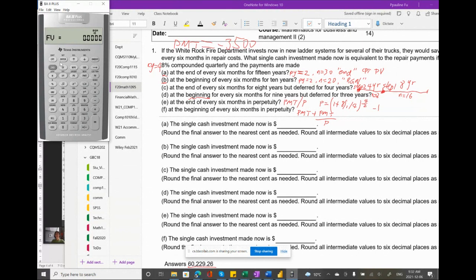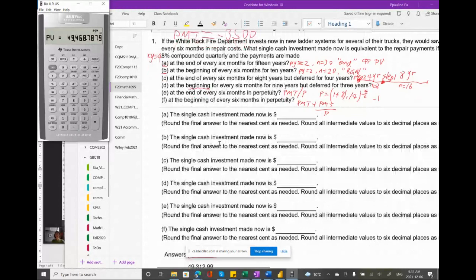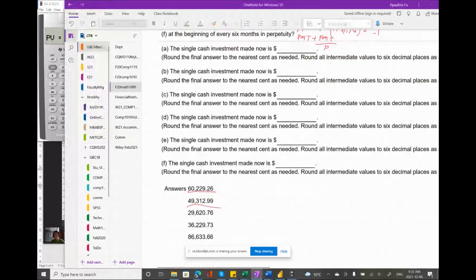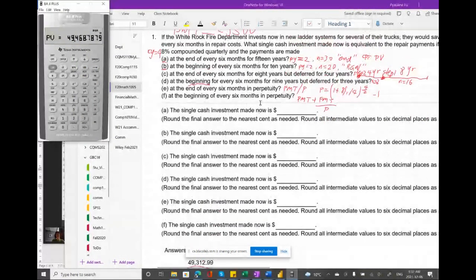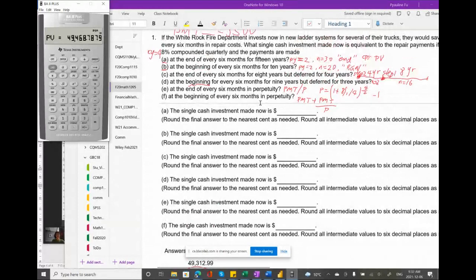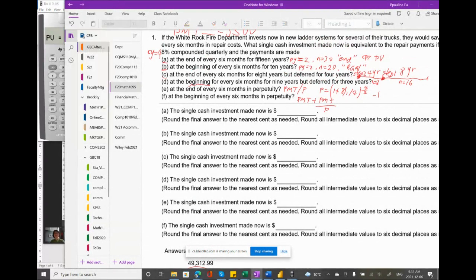Compute PV. Okay, you got this number. So that is question B. Make sure you enter the begin mode. Questions so far?